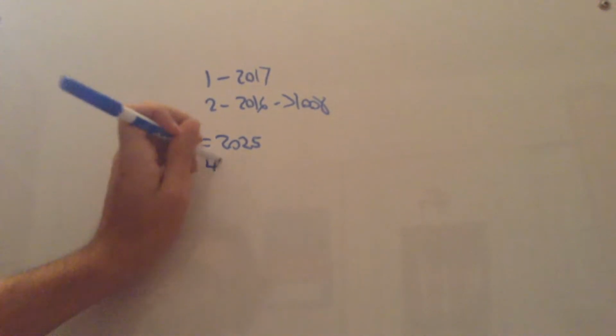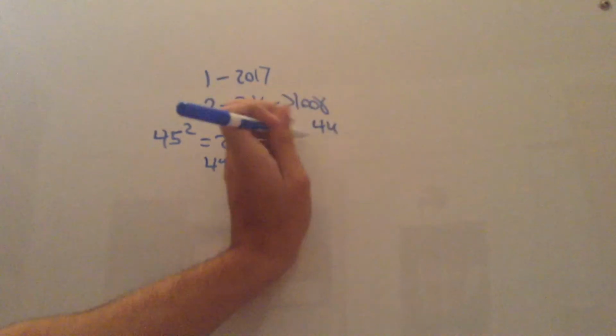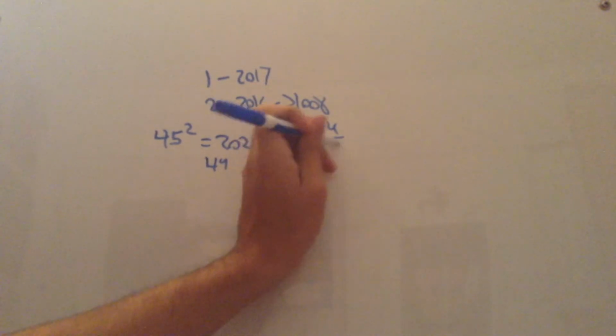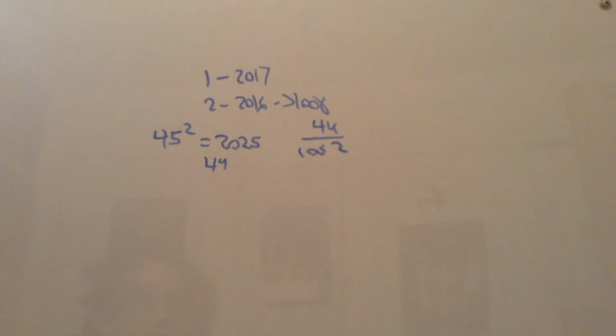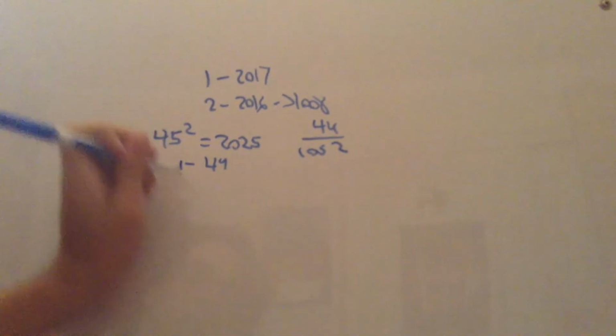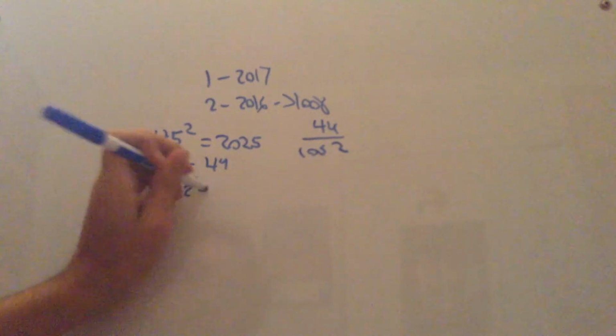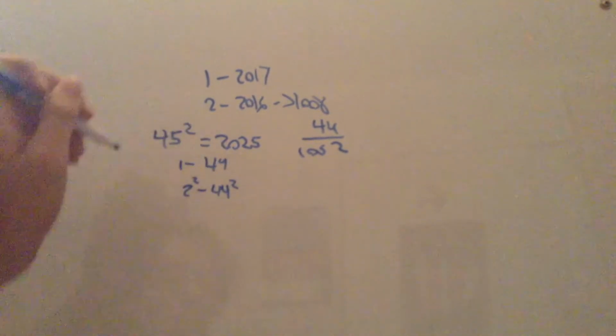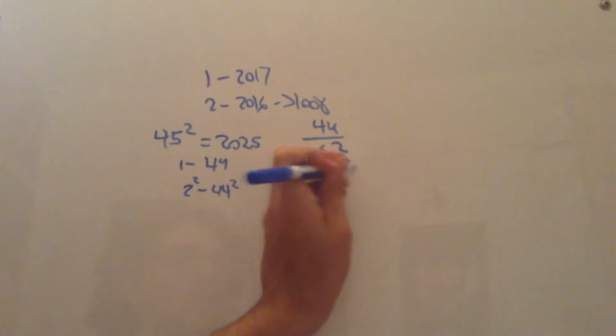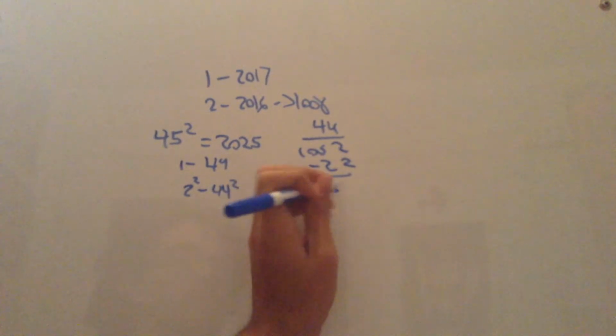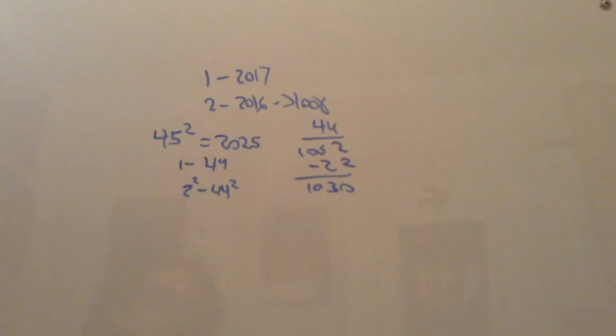So we have 44 perfect squares. So we are almost done, but we have to remember there are even perfect squares. So if our perfect squares are 1 through 44, we have overcounted 2 squared to 44 squared, or 22 numbers. So just subtract that out, and we get 1,030 as our final answer.